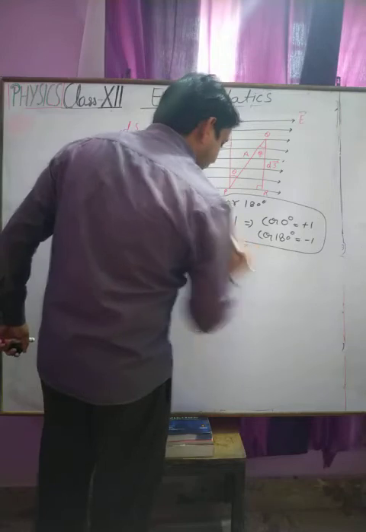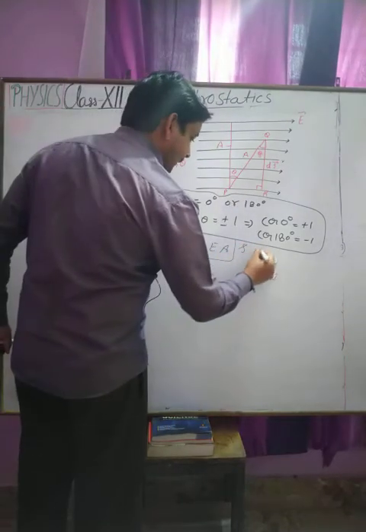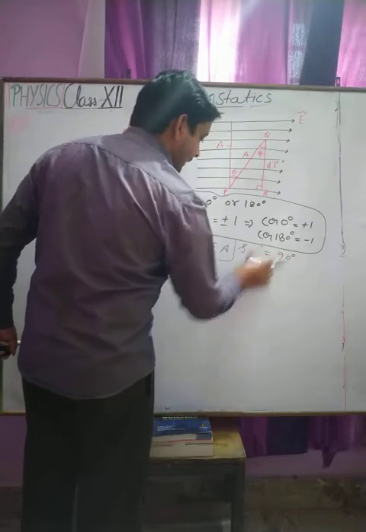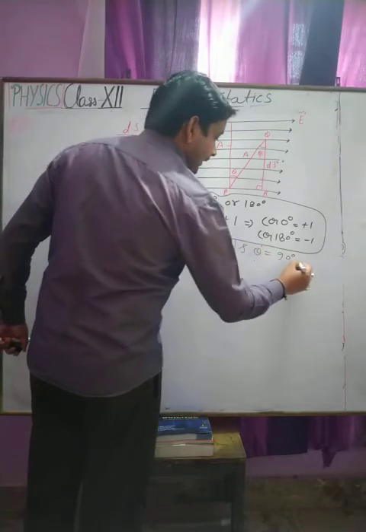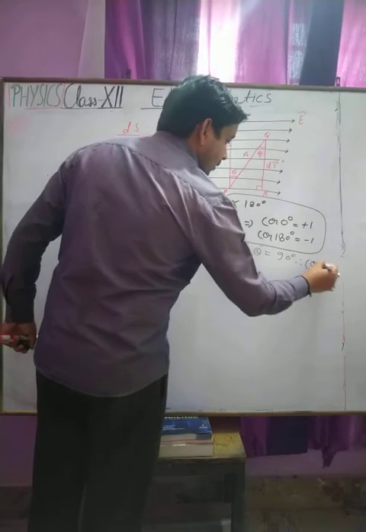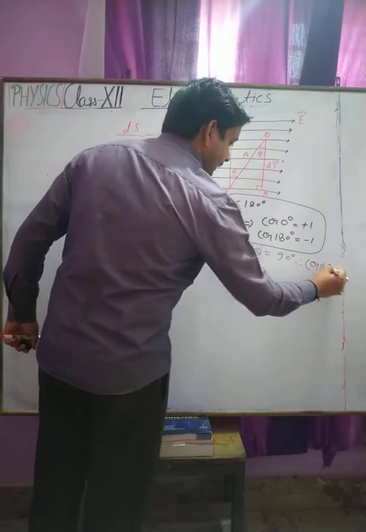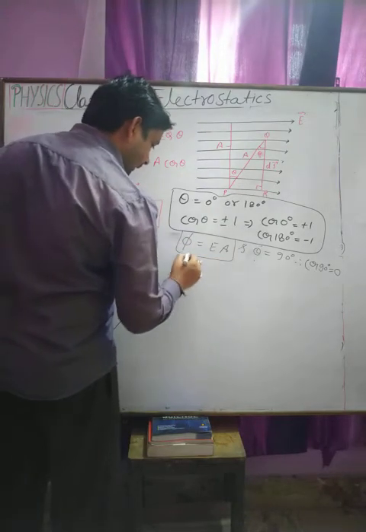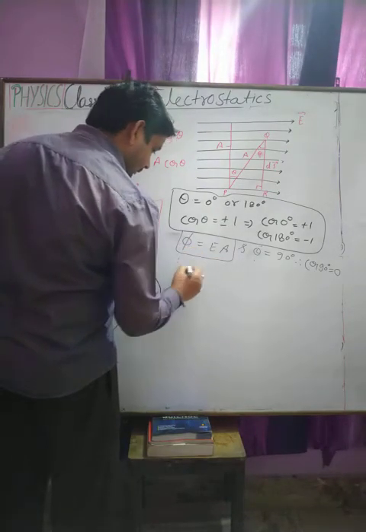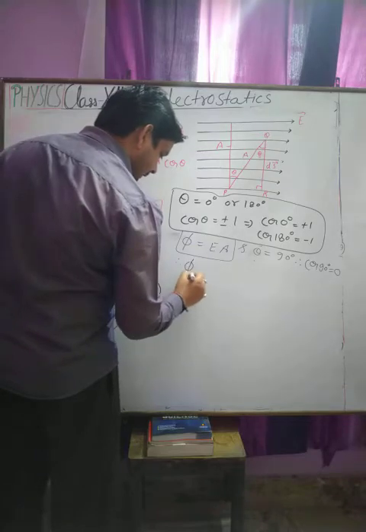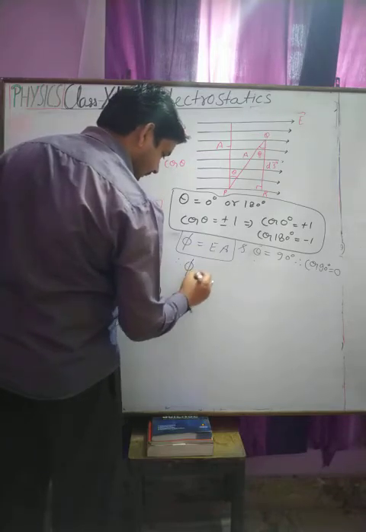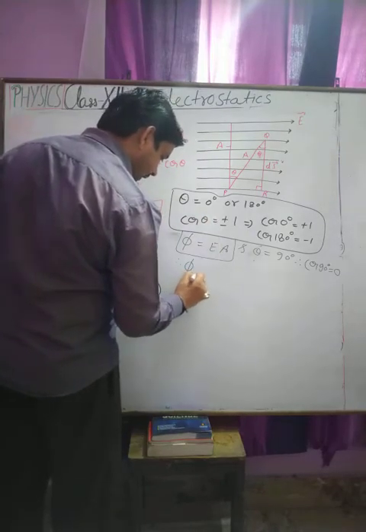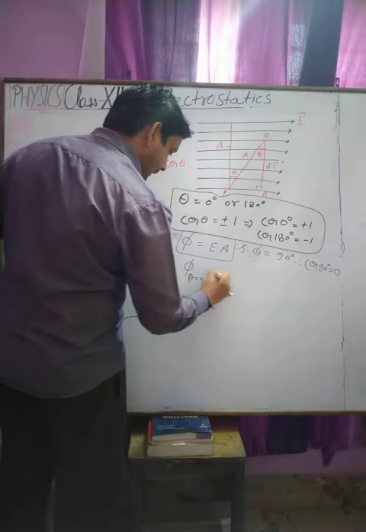The next case is if theta is 90 degree, you know cos 90 degree is 0. Therefore, the flux normal to the surface, flux for theta 90 degree, is 0.